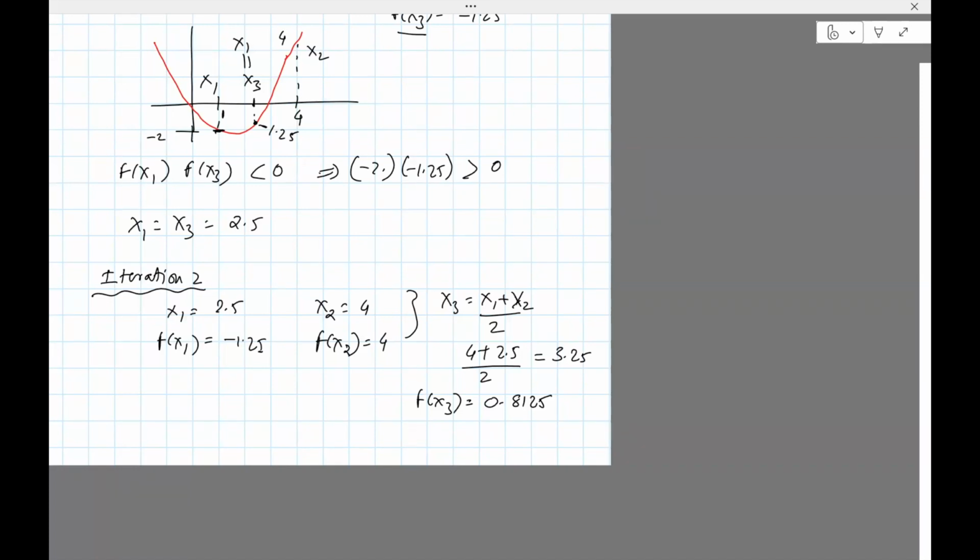Okay, so now we do the same thing. F of x1 times f of x3. So f of x1 is here, f of x3 is right here. So you can see a negative number times a positive number is less than 0, which means that x1 and x3 do bracket the root, and we need to replace x2 with x3.